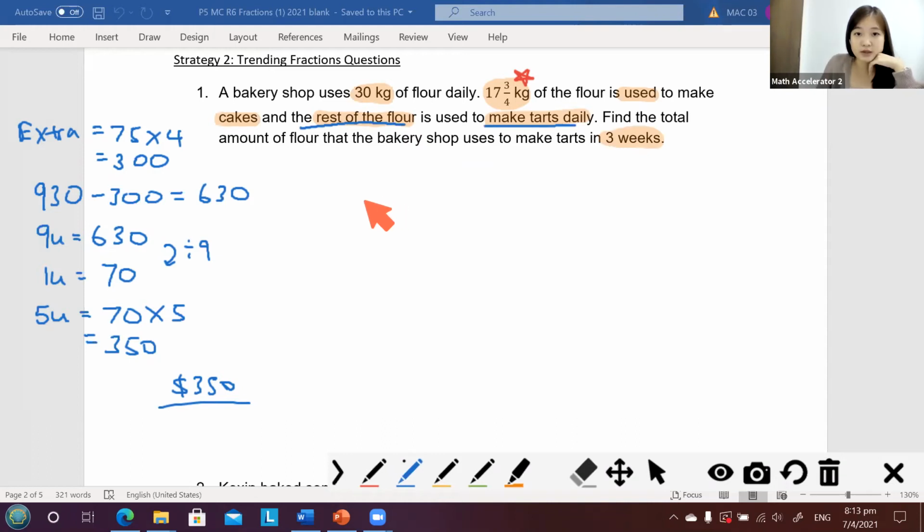So that's the remainder. You have a total of 30 kg at first. Let's take away the amount that is used to make the cakes.